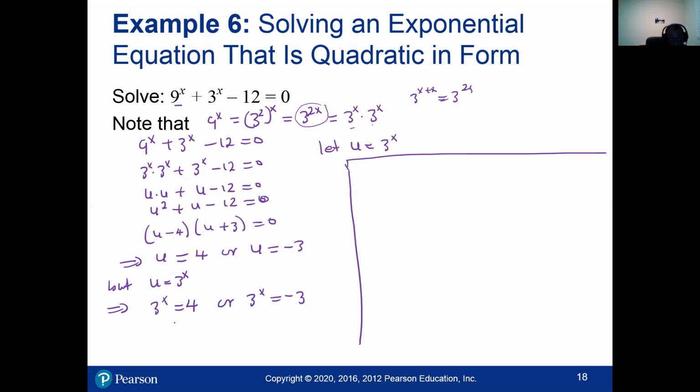All right, so you take 3 to the x is equal to 4. Take natural log, take ln on both sides.